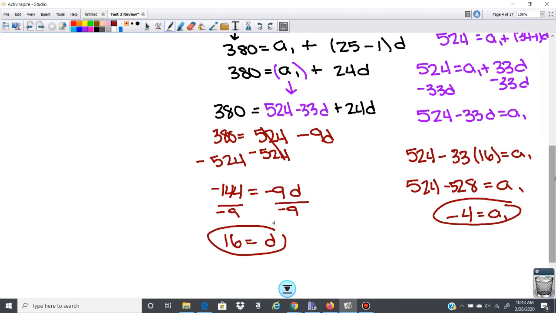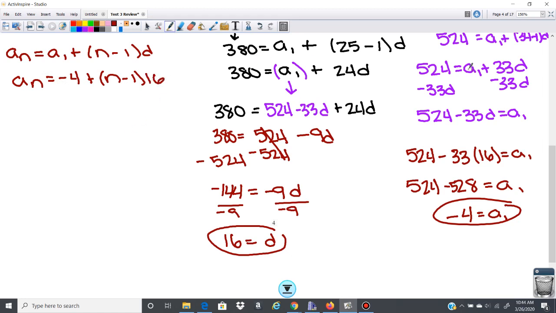Now how can we check that? We can find the formula for the arithmetic sequence and plug these in. So a sub n equals negative 4 plus n minus 1 times 16. Let's find the 25th term and see what that is. a sub 25 equals negative 4 plus 25 minus 1 times 16, so negative 4 plus 24 times 16.